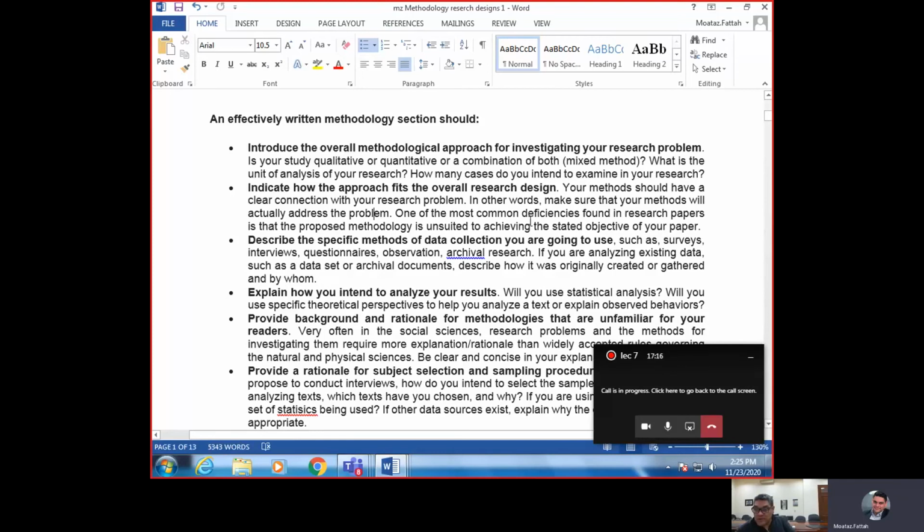One of the most common deficiencies found in research papers is that the proposed methodology is unsuited to achieving the stated objective of your paper. So I need the research question to be reflected in your conceptual framework and your theoretical framework, and all that is reflected in your methodology.